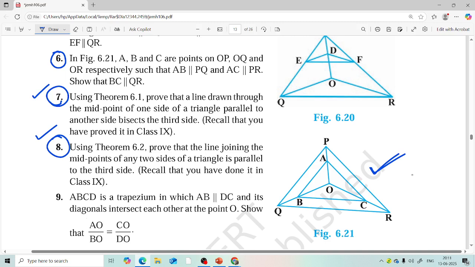Joshida, your writing is not clear. I think your solution is incomplete. You try once again and send it to me. Okay, that's the sixth one. Samriddhi, you can try the seventh and eighth.